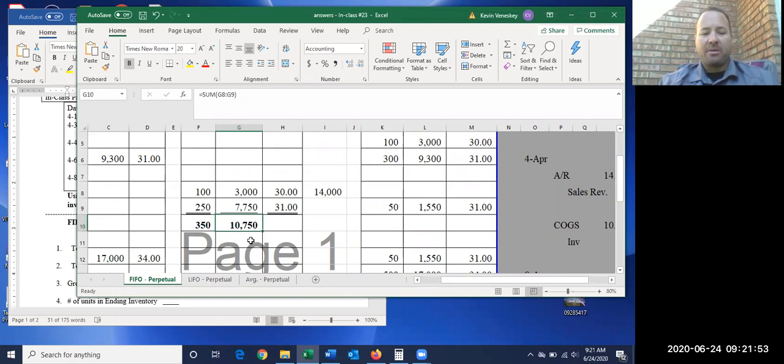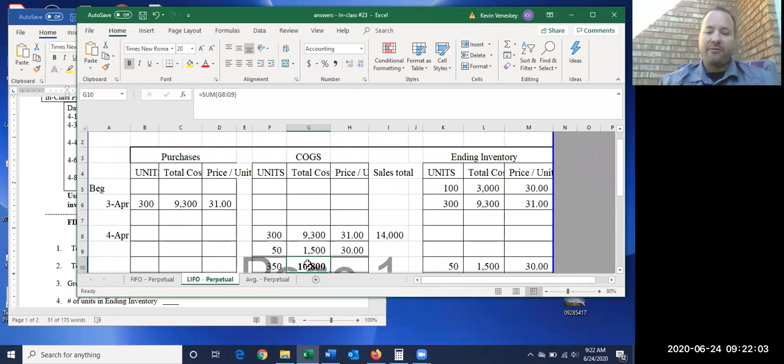If you think about sales minus cost of goods sold, the higher your cost of goods sold is for Lifo, that's going to cause your income to come down, because this is like an expense. So the higher your expense, the lower income you have.